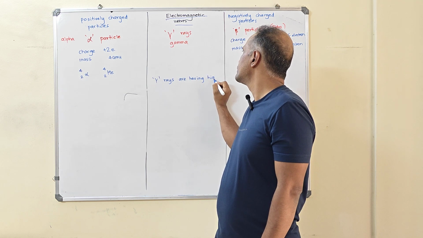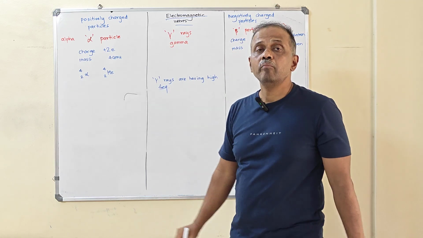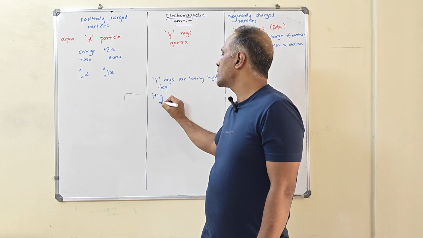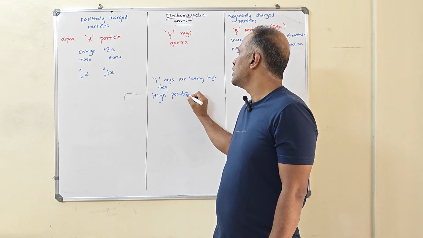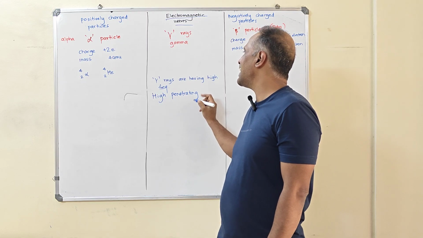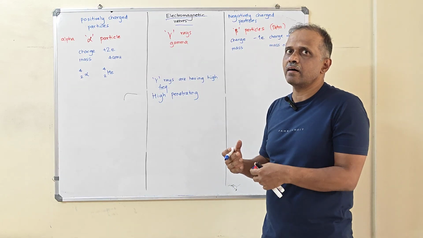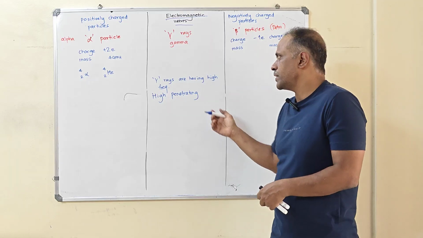Because of their high frequency, they have high penetrating power. Remember only this thing for today. Because their mass is very less, they have a high frequency, the speed is the speed of light, and they have high penetrating power.